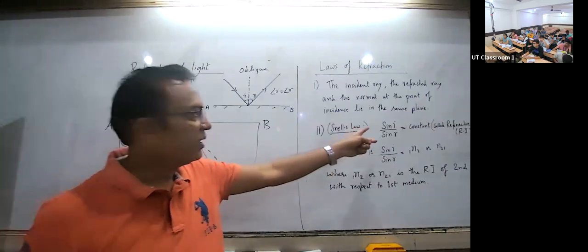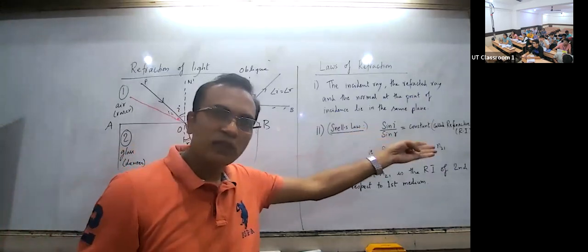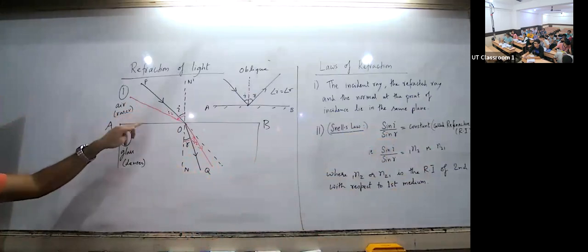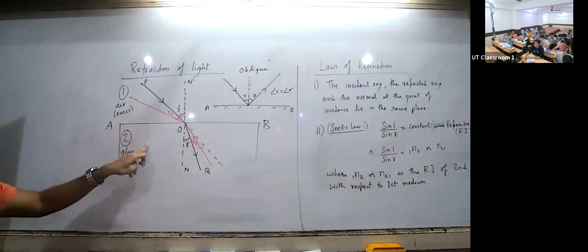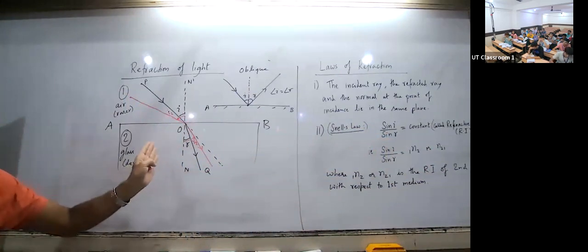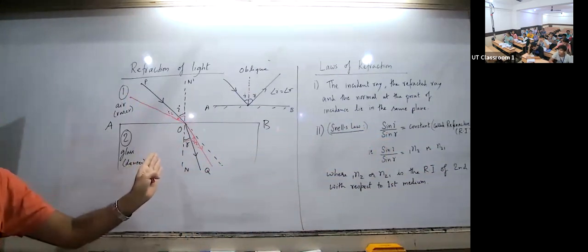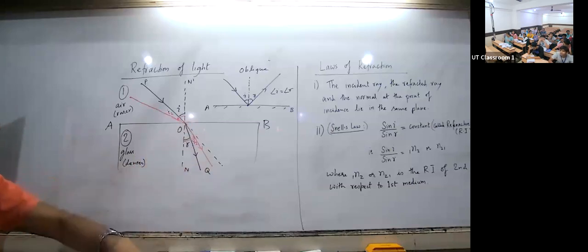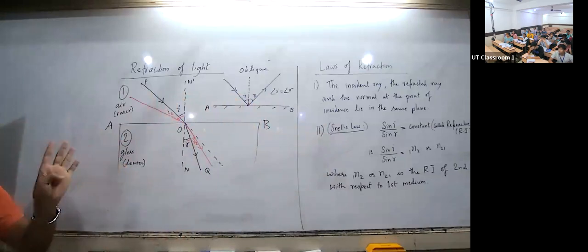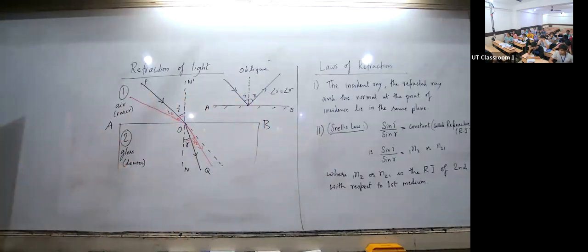Now if I take sin I2 by sin R2, I'll get the same value as the previous one, as long as this medium is air and this medium is glass. So when you change the angle of incidence, the angle of refraction changes proportionately such that this ratio is always constant for a given medium. Is it clear? So that's what it is.